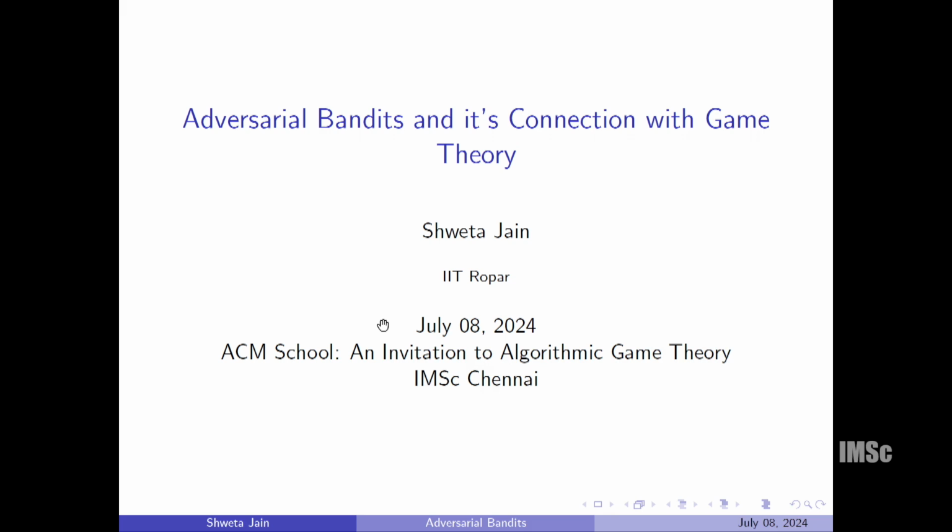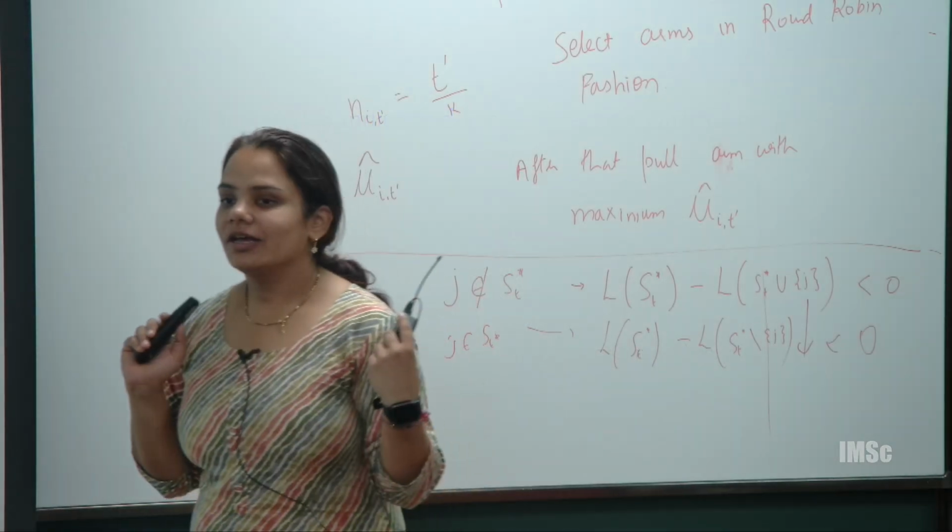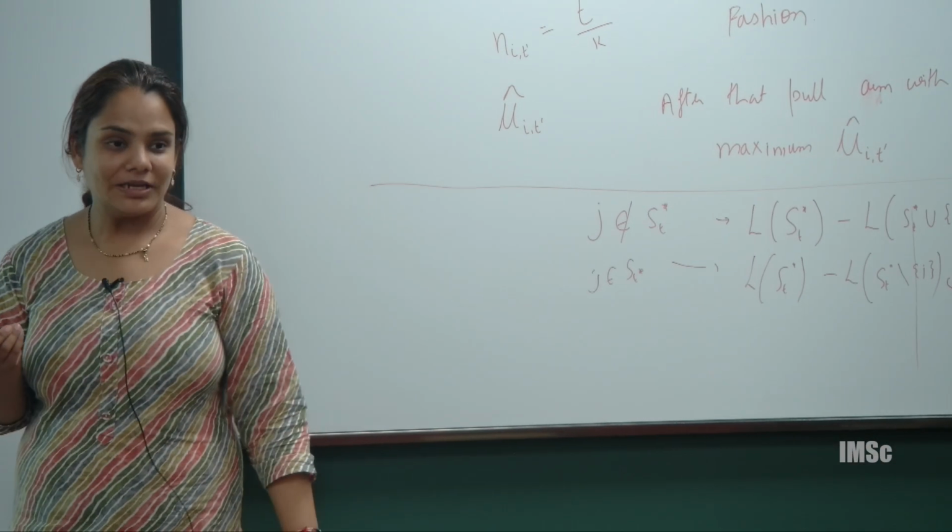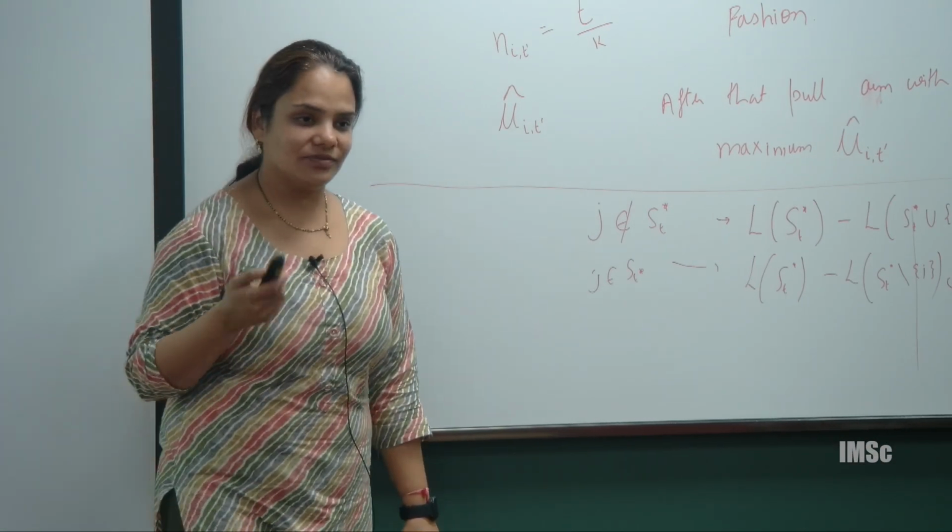In the adversarial bandit setup, you still have the bandit setup, but the rewards of the arms are not coming stochastically; they are generated adversarially by some algorithm. The goal will be similar: you want to design algorithms which give some regret guarantees. Here we will define what I mean by regret guarantees, and then we will continue.